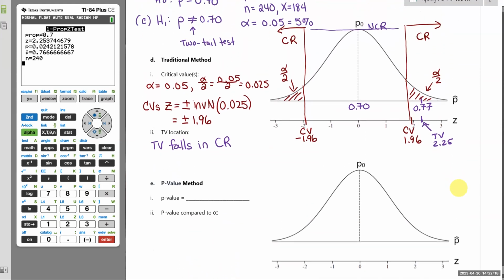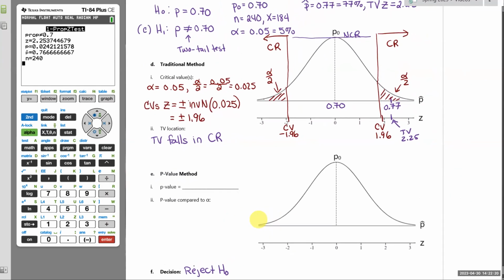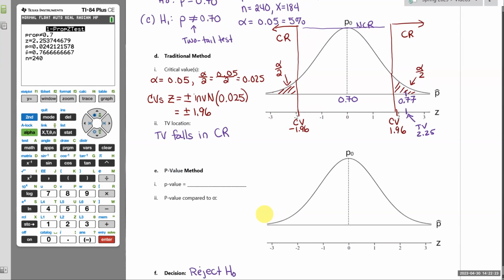And then we'll do our p-value method, making sure that we reach that same conclusion, just in a different way. So for the p-value method, we graph, there's no critical region, we just graph our test value. So test value 2.25. That tells us where our p hat is.